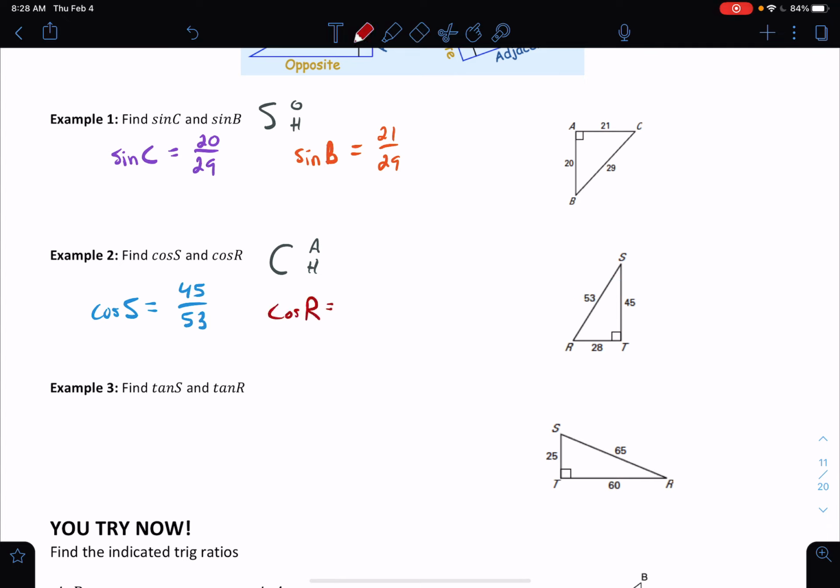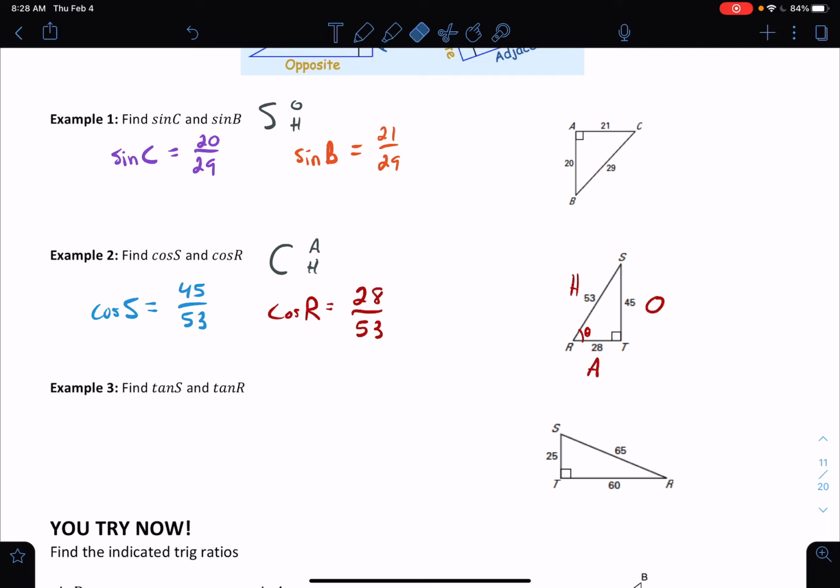So cosine of R, this is my theta. 45 is now the opposite, 28 is the adjacent, 53 is still the hypotenuse. So cosine of R, adjacent, which is 28, over hypotenuse, which is 53. Okay?